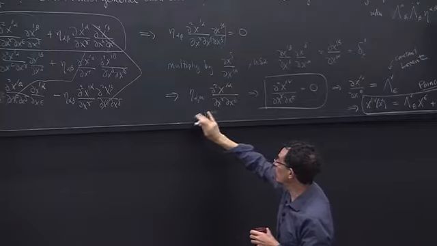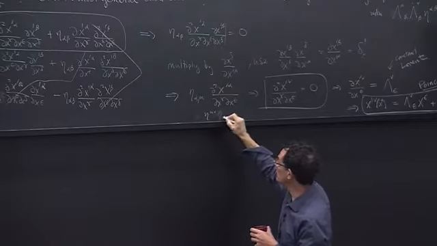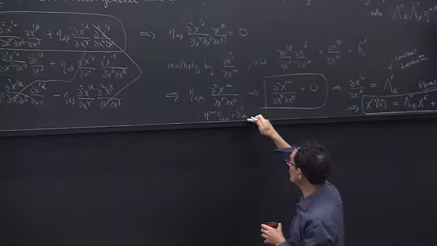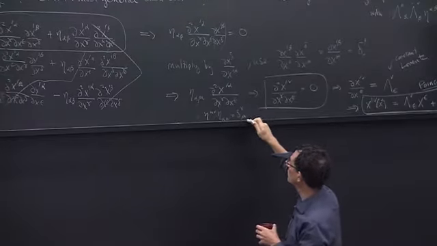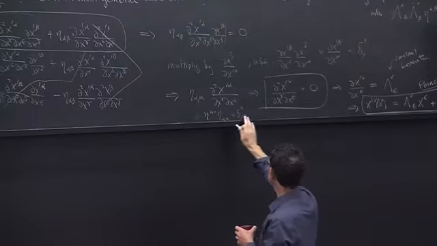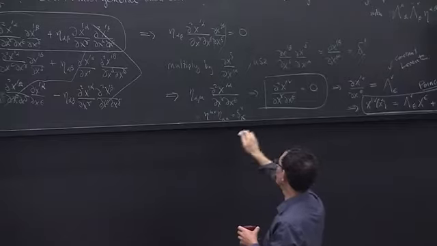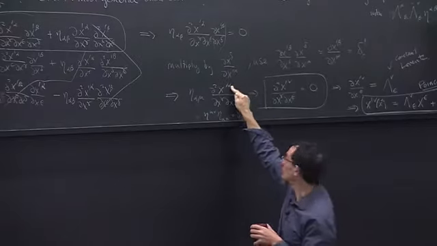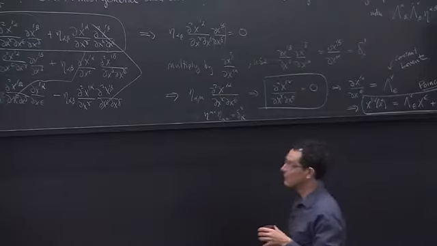Eta mu nu, I just multiply it with eta mu nu and use that eta mu nu times eta alpha mu is delta nu mu. And then this delta mu nu, well, delta nu alpha, right? This delta nu alpha will change this index to a nu, which is what I got here.